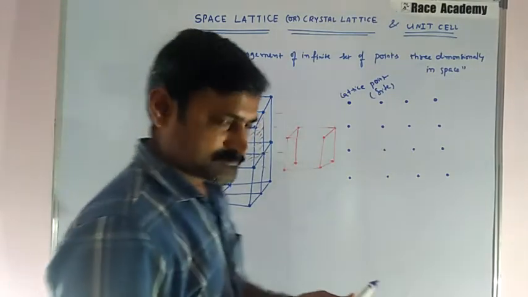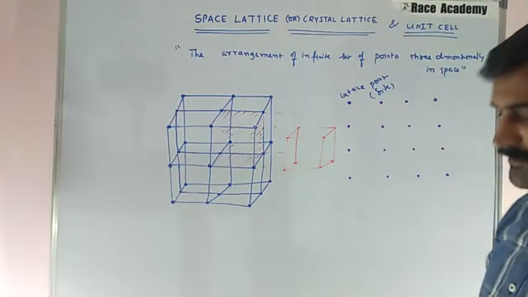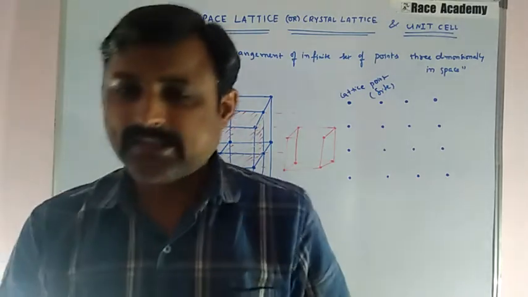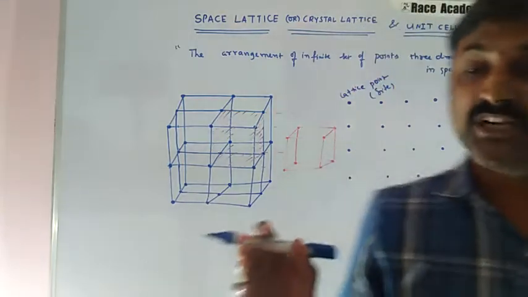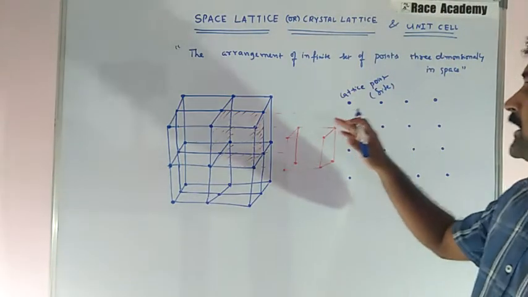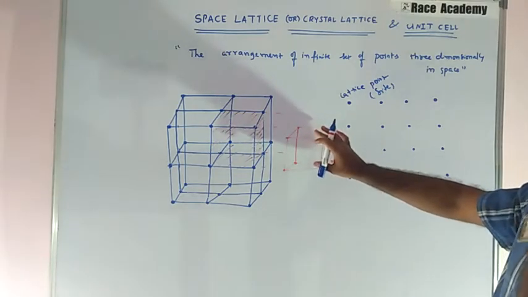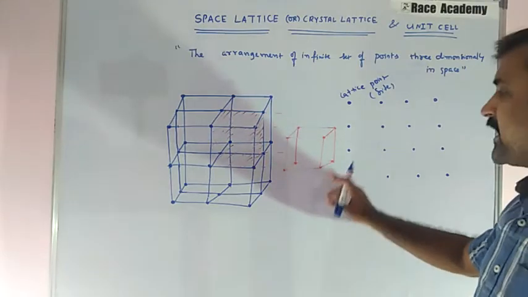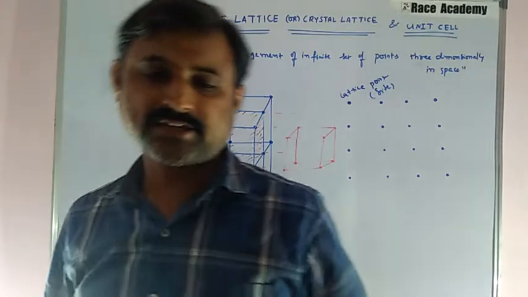So this is the portion, like a cube. What this means is nothing but repetition. Whatever repetition is there, this kind of three-dimensional arrangement of points, we can call it space lattice.